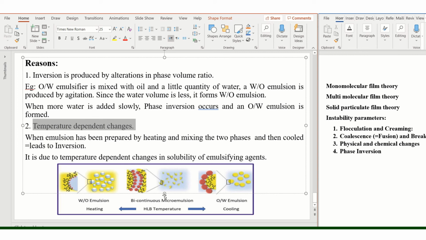See, when there is rapid cooling, it actually supports an oil in water type of emulsion. When you heat it, what happens?